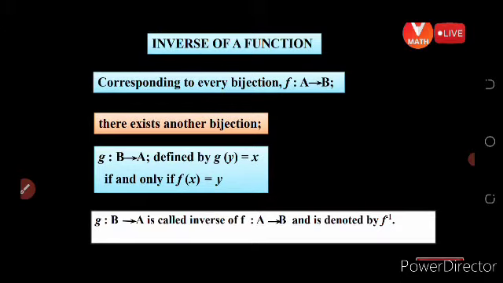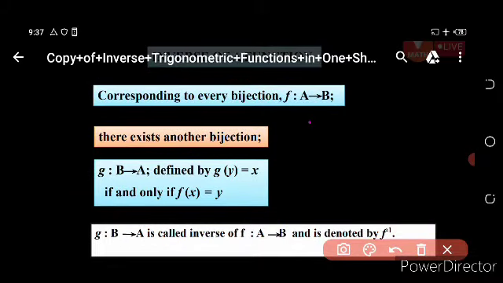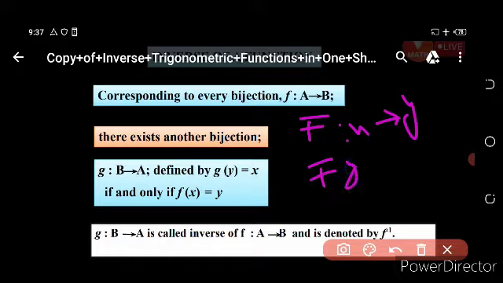First, inverse of a function: corresponding to every bijection, a function f is defined from A to B. There exists another bijection g from B to A defined by g of y is equal to x if and only if f of x is equal to y. So if f is a function from X to Y, then f inverse of y is equal to x.